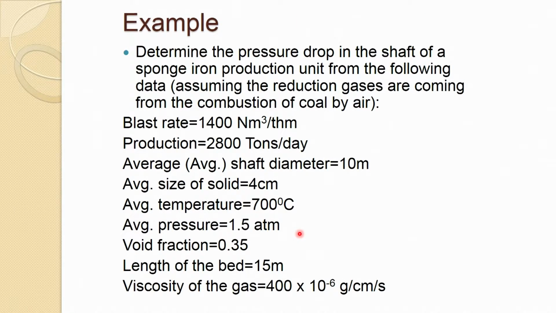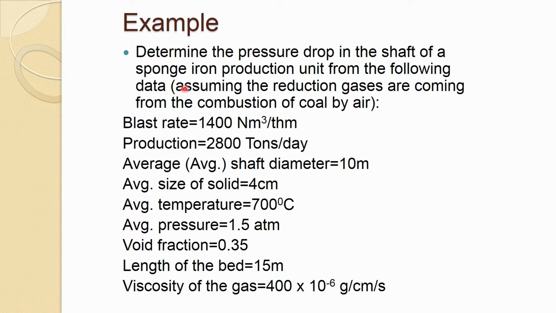Now, we will do an example, and this is more based on a soft type sponge iron unit. So, determine the pressure drop in the shaft of a sponge iron production unit from the following data.